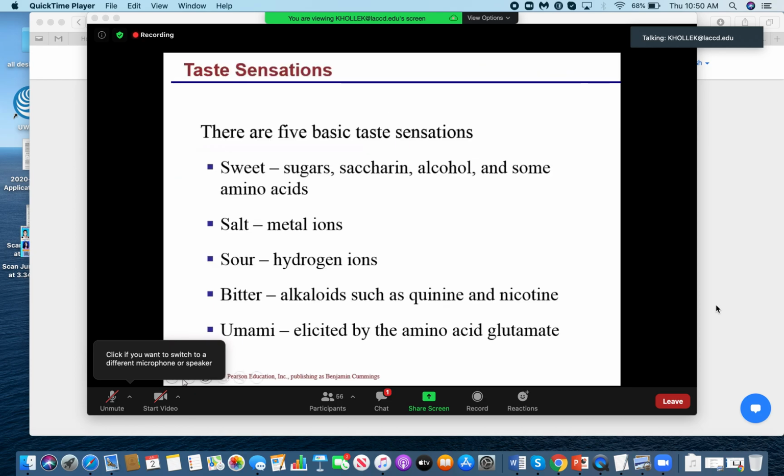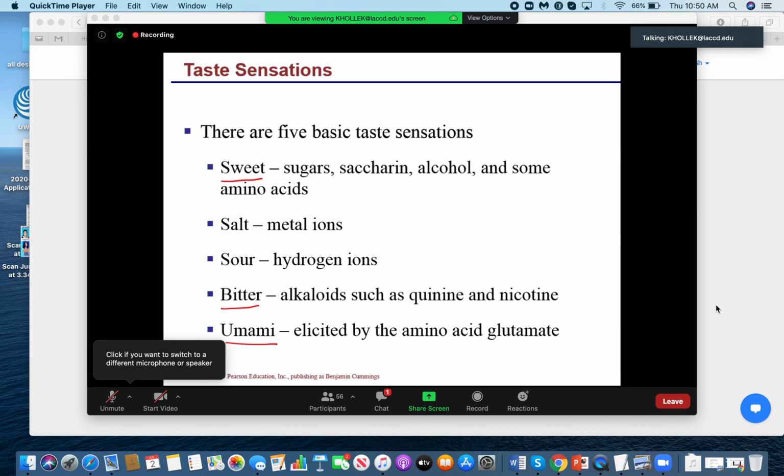We go ahead and take a look at the different types of taste sensation. Although this is very, very general, a lot more have been identified, but we're not going to get into it. Sweet, bitter, umami, those all work via the G-linked protein. Again, umami is that kind of beefy taste.